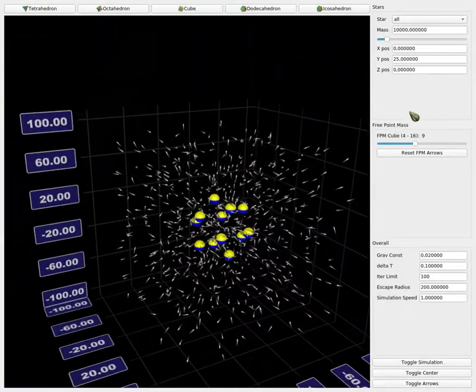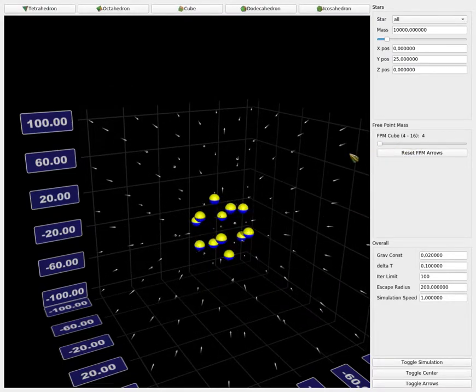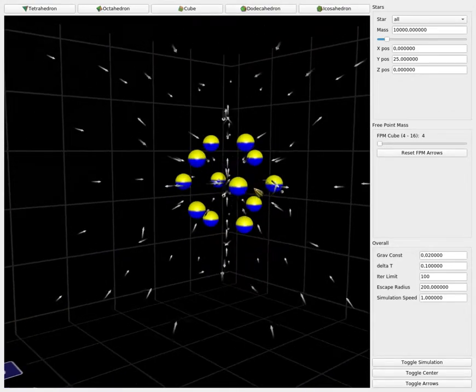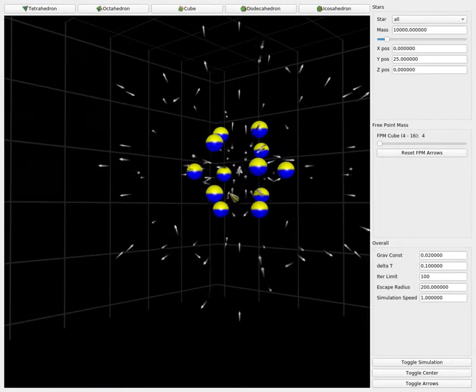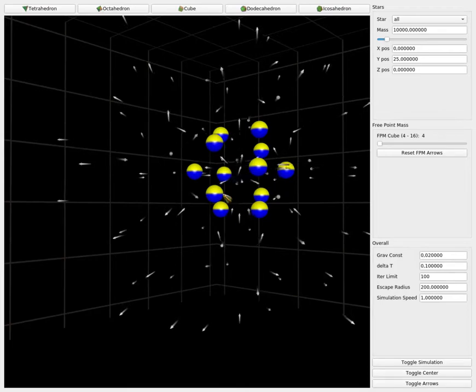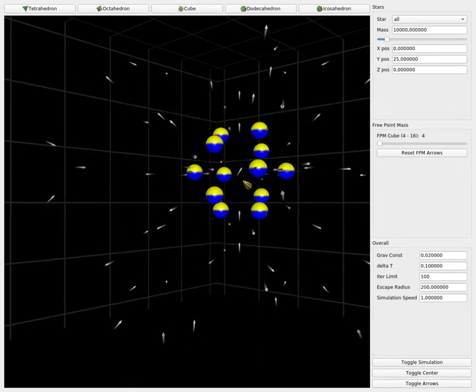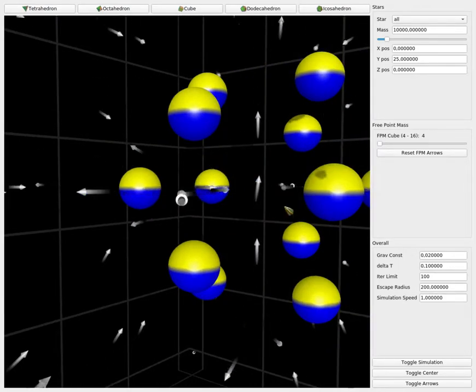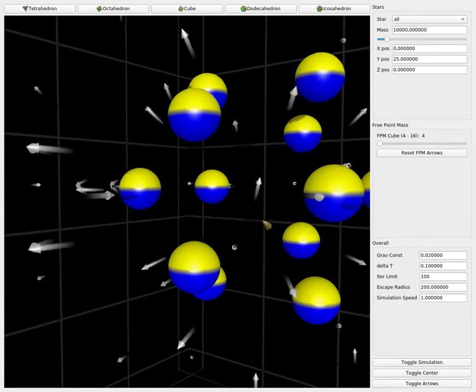Try the icosahedron with far fewer arrows. You can see one stuck at the exact center of the star system.